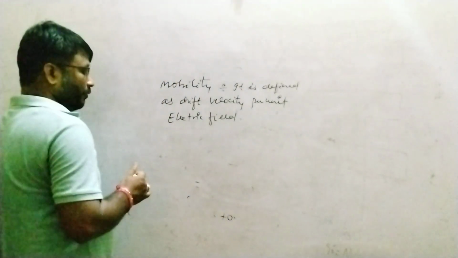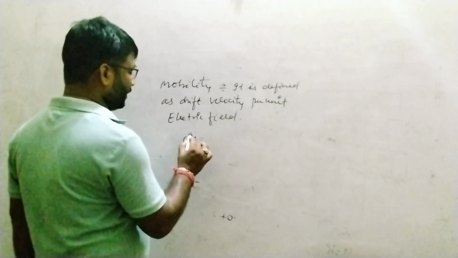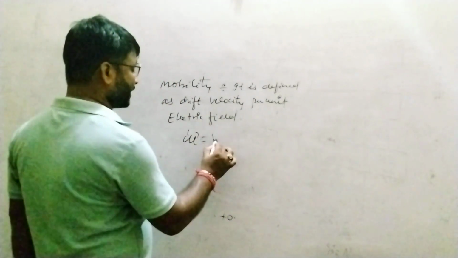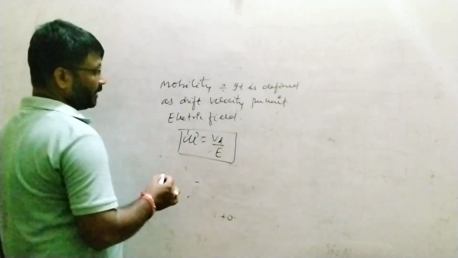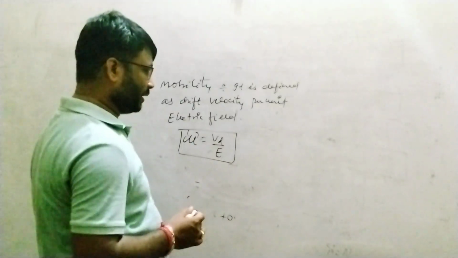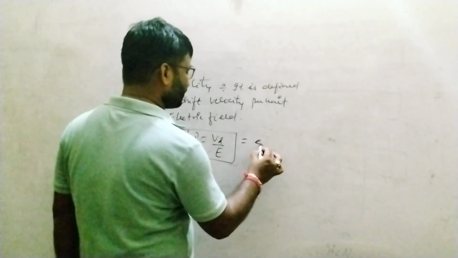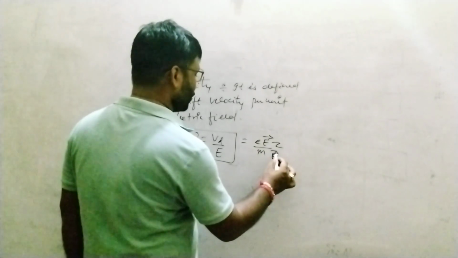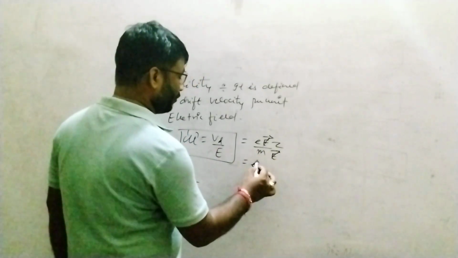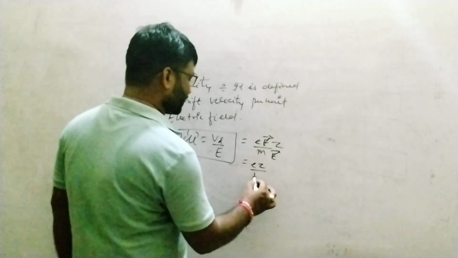It is also a vector quantity. It is denoted by mu, that is given by Vd by E. If we put the value of drift velocity, that is e into E by m into tau, divided by E, E gets cancelled here. You will get the mobility in terms of relaxation time.